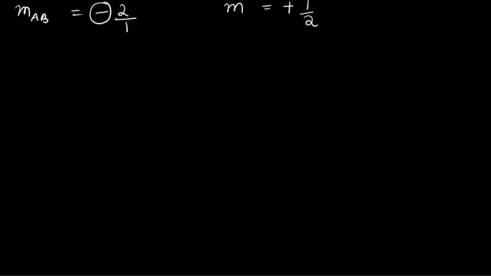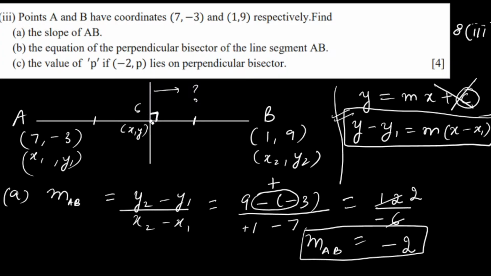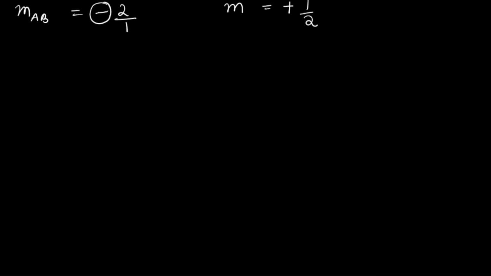Okay, so now we have to find the coordinates of C. We have to find this x, y. The coordinates of C we can find using the midpoint formula. I hope you remember the midpoint formula.